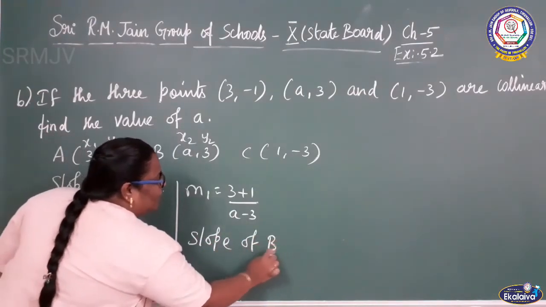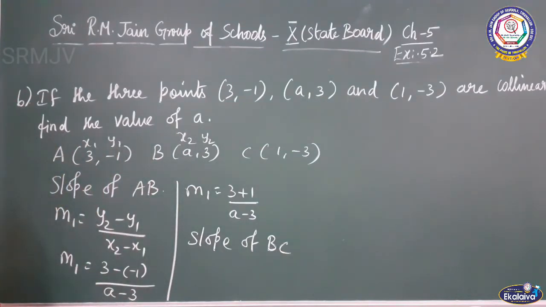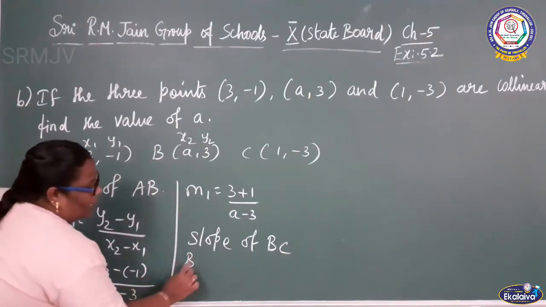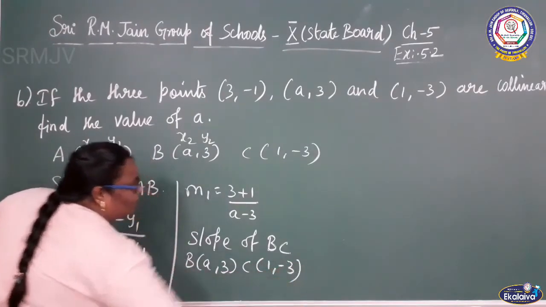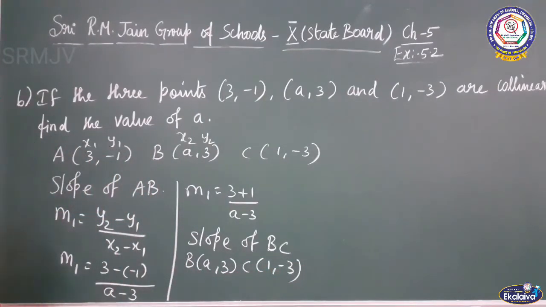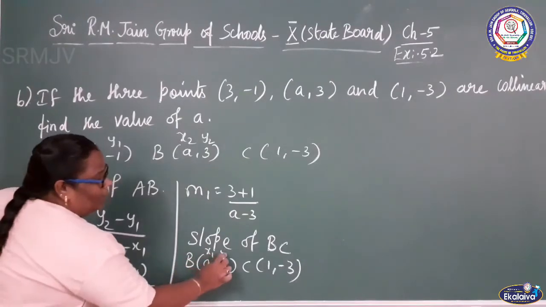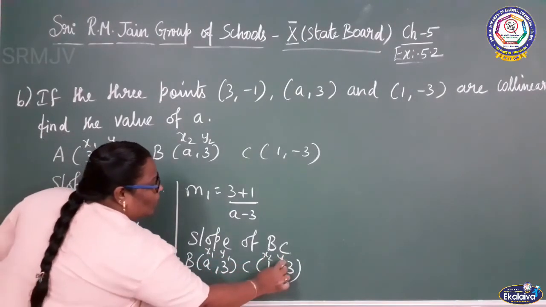Slope of BC. What is the point of B? B equals A comma 3. What is the point of C? 1 comma minus 3. C point is 1 comma minus 3. This is x1, y1. This is x2, y2.